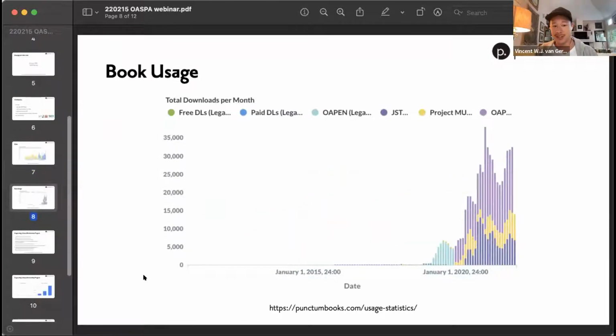And as Beth said, ebook usage through these platforms is so much better, right? The access that we get, ever since we joined OASPA, and later JSTOR and Muse, shows you that this is the way to go to get books out into the world.